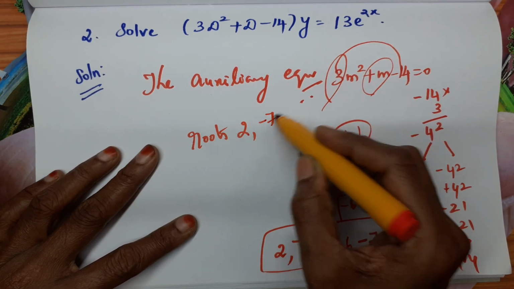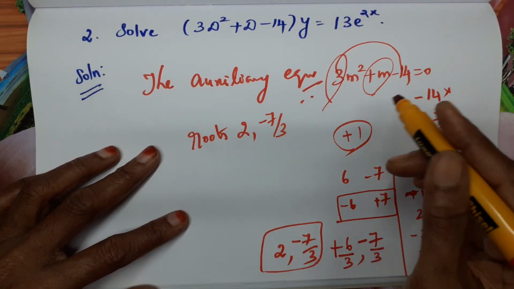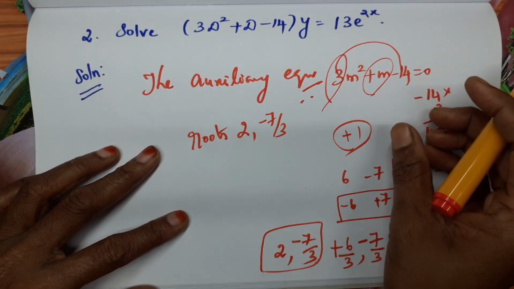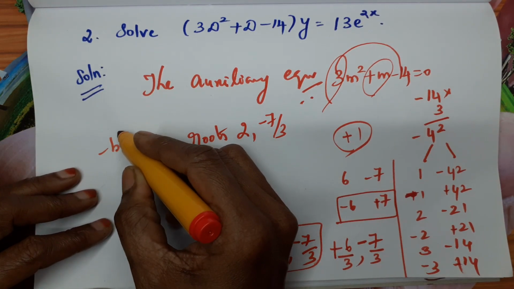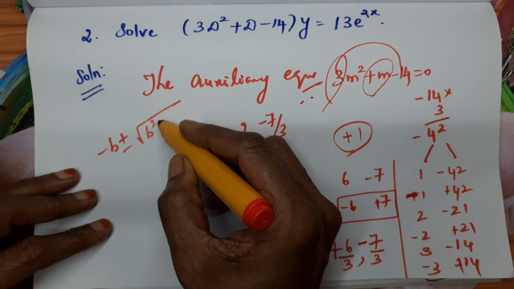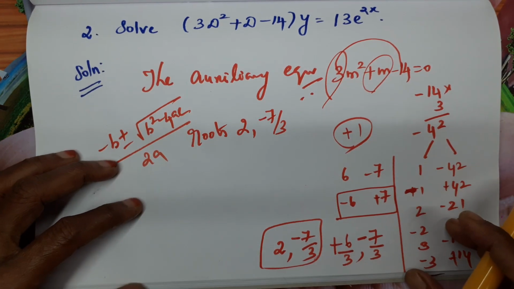This is a shortcut method. Directly we can go with the expansion and find, or we can use the formula method, minus b plus or minus root of b squared minus 4ac by 2a. But this is a shortcut method.